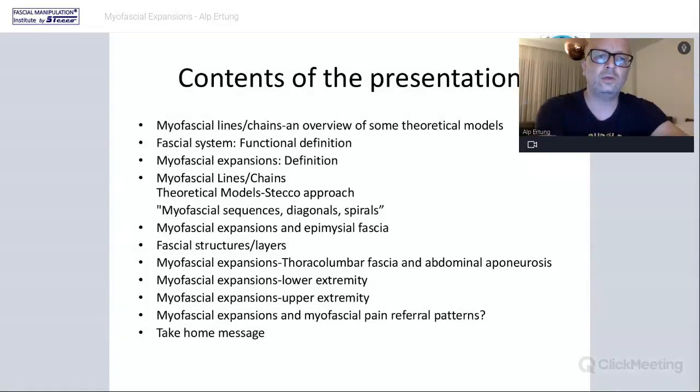And we will talk about some important points about the fascial system. For example, we will go over the functional definition, and also the definition of the myofascial expansions. And we will see the Stecco approach, the fascial manipulation theoretical model, and the differences between the other theoretical models and our approach, the Stecco approach.